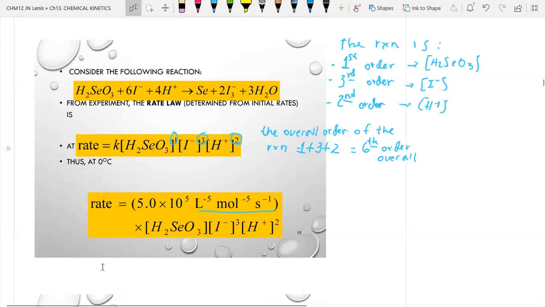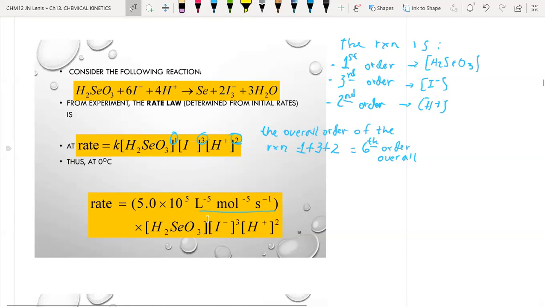The rate law should show rate equals the value of the rate constant if you know it. If not, just leave it as lowercase k, times the concentration of your reactant elevated to the order.